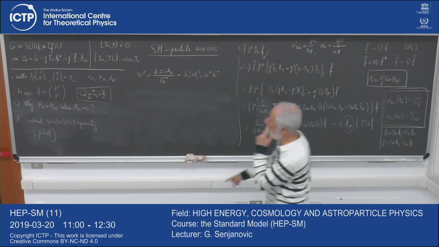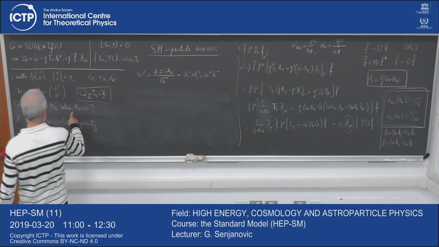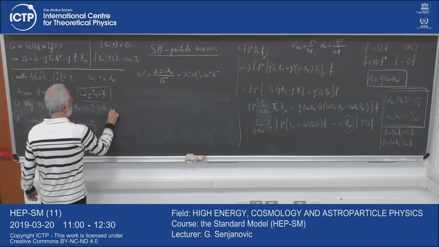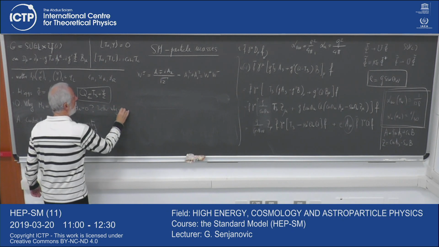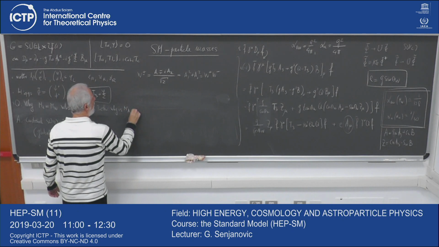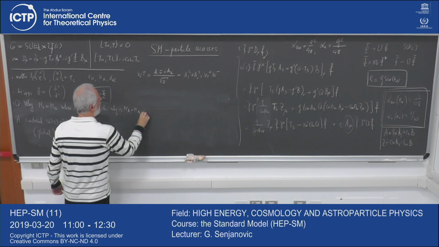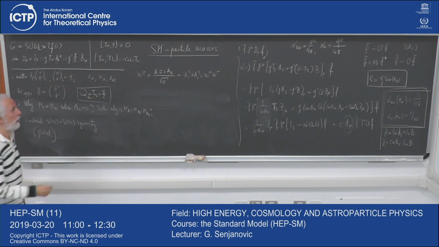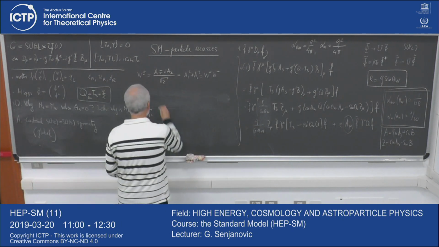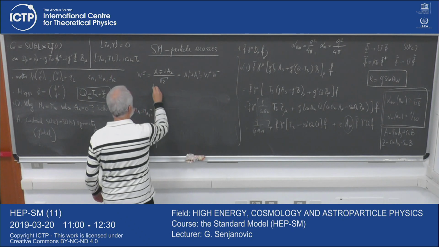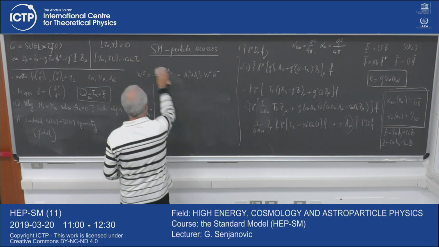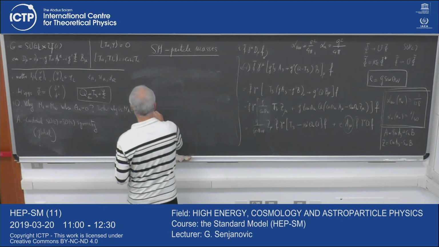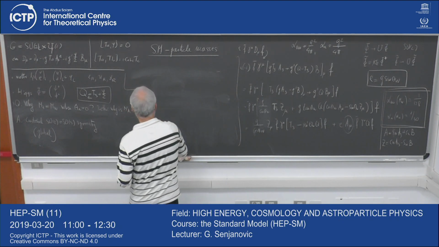And the question is, why is M_W equal there, or better, why is M_A1 equal to M_A2 equal to M_A3? After all, I broke the symmetry. So, let's give it a proof.